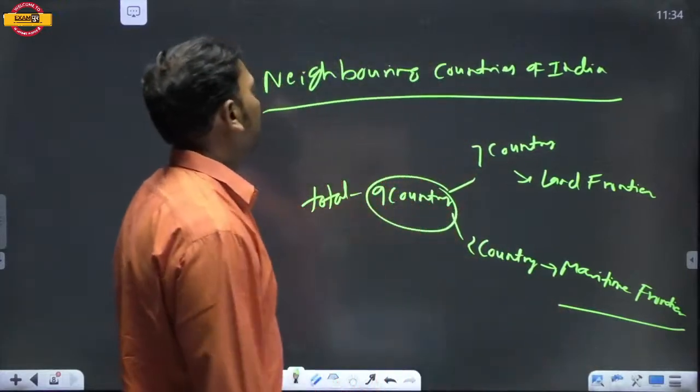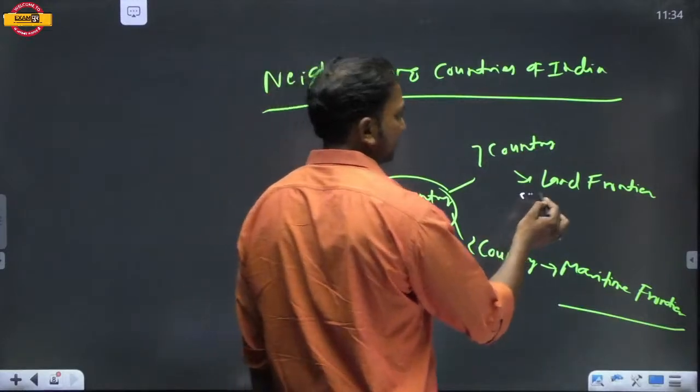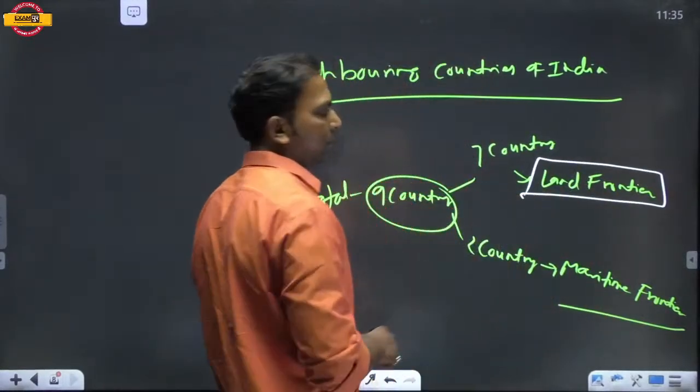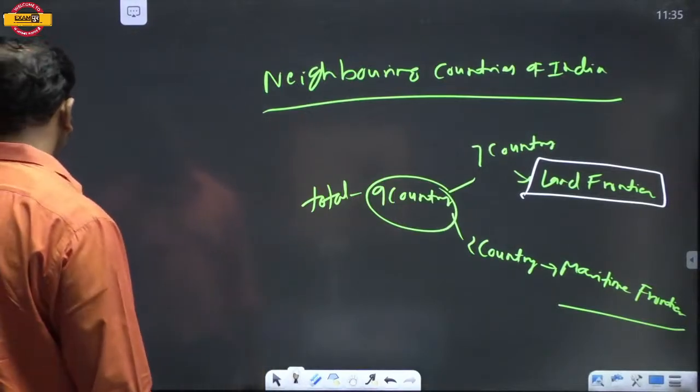Okay. So firstly, we are going to have the land frontier countries, which have a land border. Okay. So let's see.